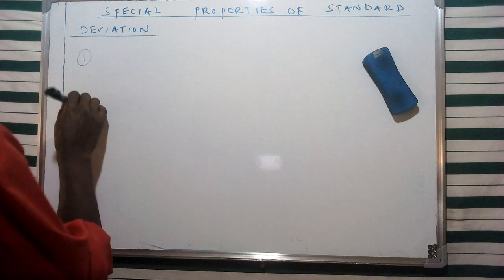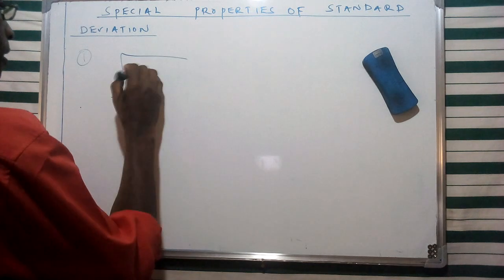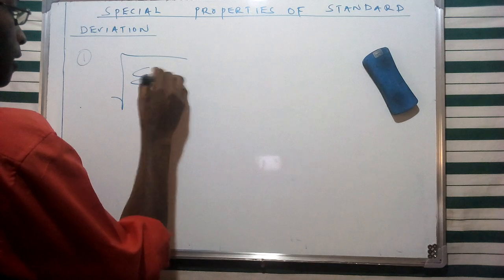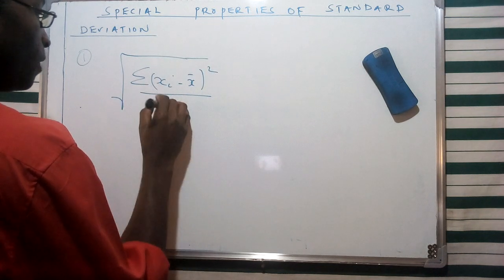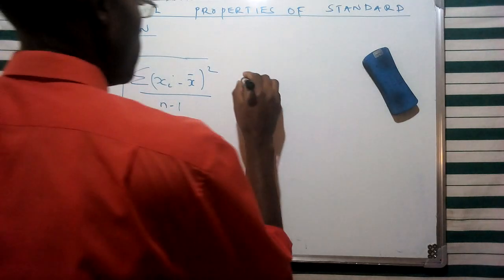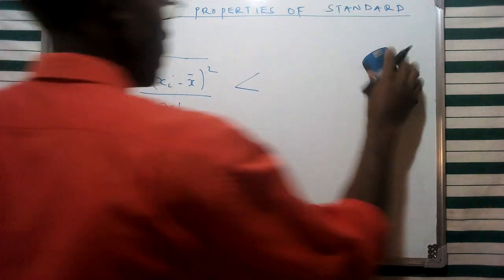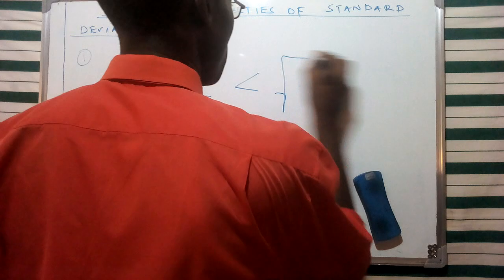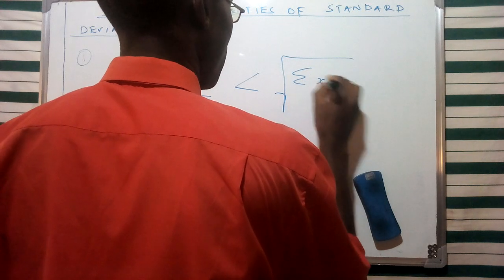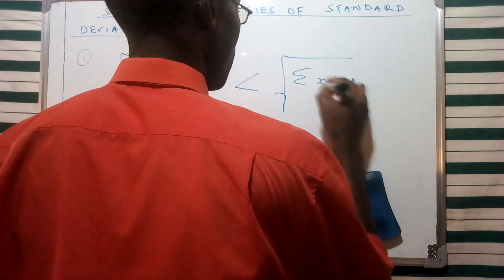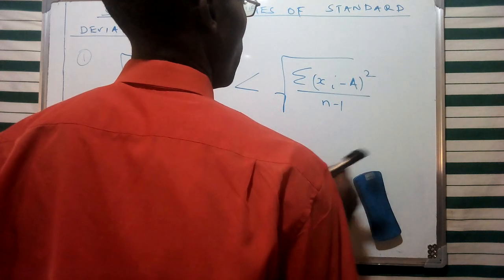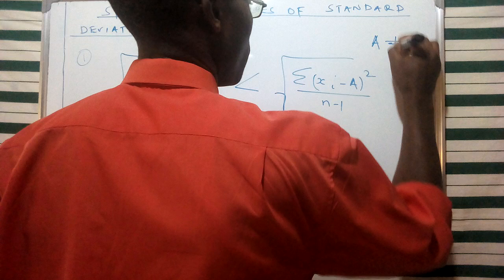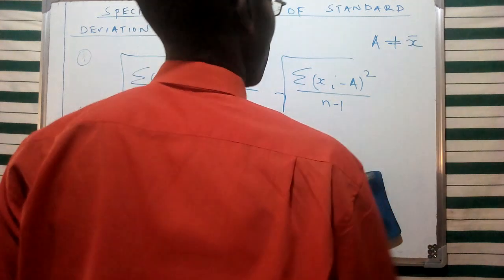So this is going to be the first property, whereby the standard deviation given as the square root of the summation of (xi minus the mean) squared, all over n minus 1, is smaller than the value we're going to obtain from the square root of the summation of (xi minus a) squared, all over n minus 1, whereby the value of a is not equivalent to the mean as I've mentioned.